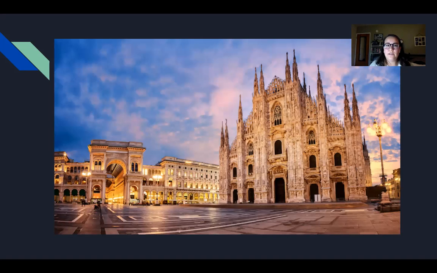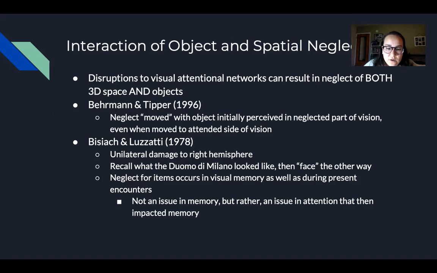And so they're asked to, in their memory, face a certain point in this church square outside of the cathedral and to describe what they were seeing. And so interestingly enough, the patients who neglected things that were contralateral to the piazza, so let's say, for example, they were damaged in the right side, couldn't see on the left side, and the piazza was on the right side.